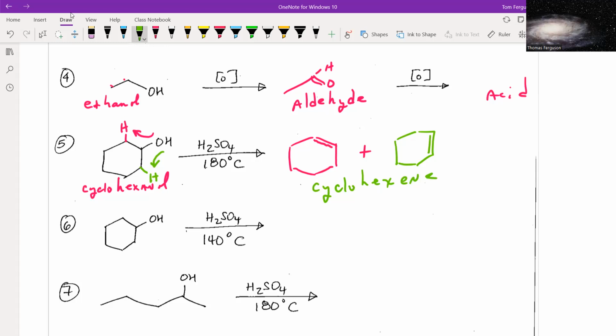If we only put 140 degrees in there, then we're going to get an ether. And that's where the OH groups hook up.